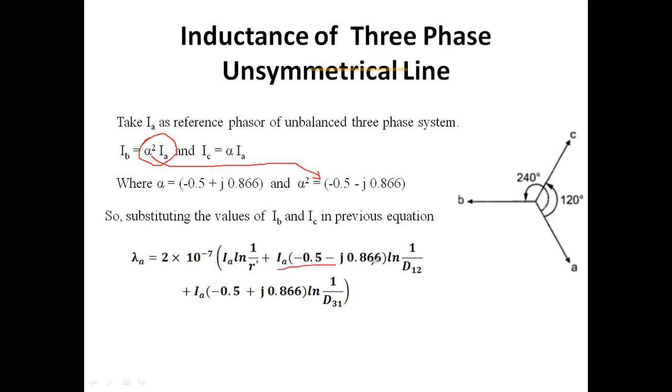So ultimately IA into minus 0.5 minus j 0.866 into ln 1 by d12. Similarly, IC can be written as alpha into IA, or IA into minus 0.5 plus j 0.866. So this will be the equation for flux linkage lambda A.